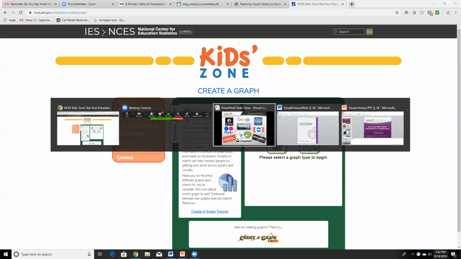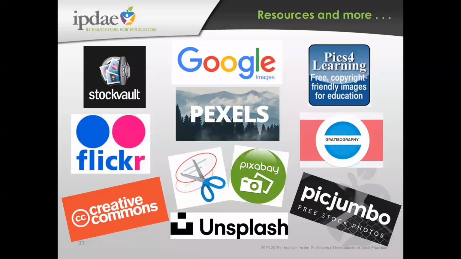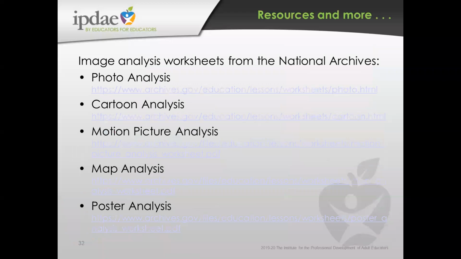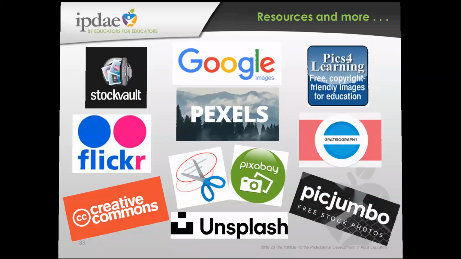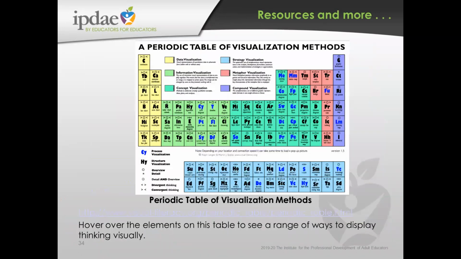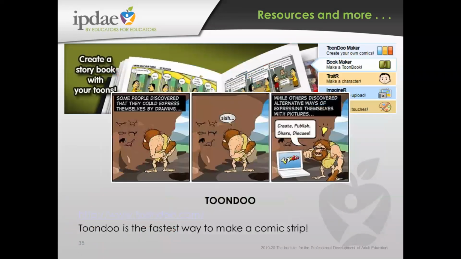As you were looking through some of those, I'm hoping that what you saw was at least one or two that you said, I'd like to go back and see those. If you didn't see anything there, National Archives, or from the periodic table of visualization methods, there's a couple more that I didn't go out to today. Some of our students love creating comic strips. Toondoo is a free site that they can create comic strips with.